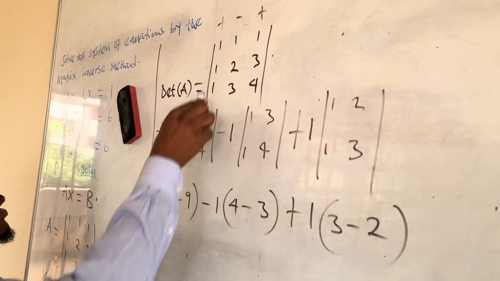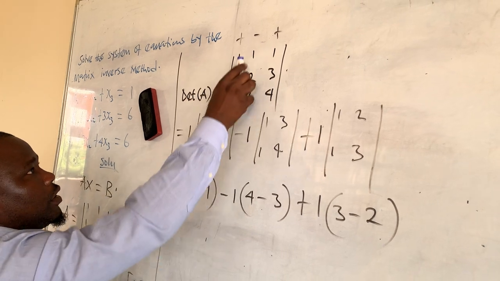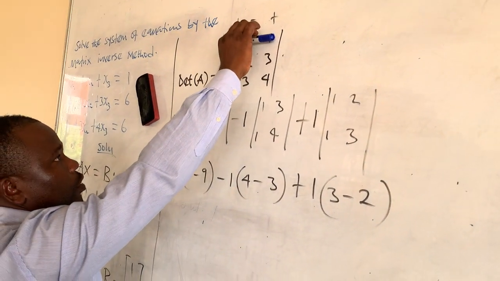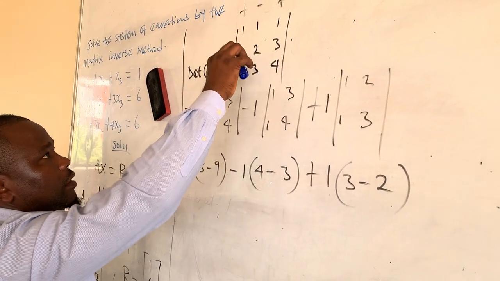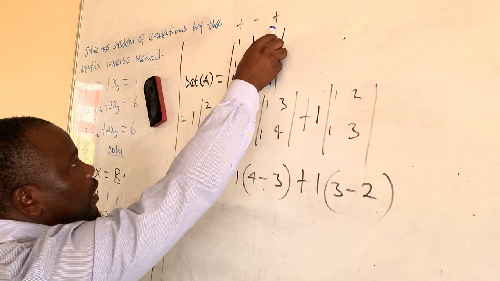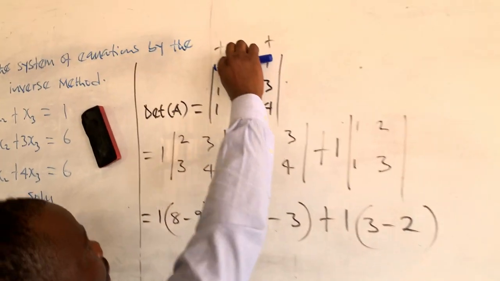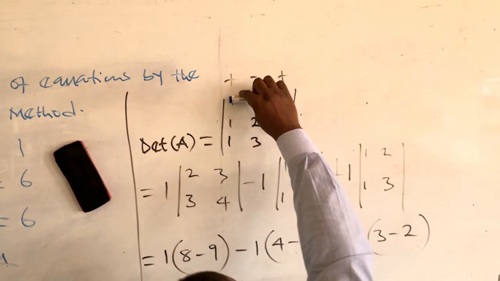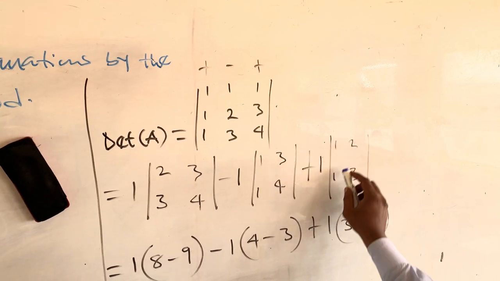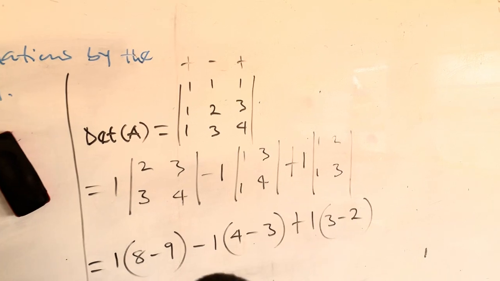The next one is minus, so the second column and the first row will be covered. It means we are saying 1, 3, 1, 4. The same thing applies here: the last column and the first row will be covered, so we are saying 1, 2, 1, 3.